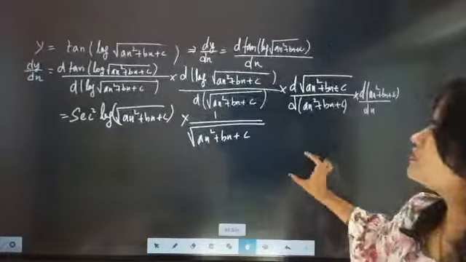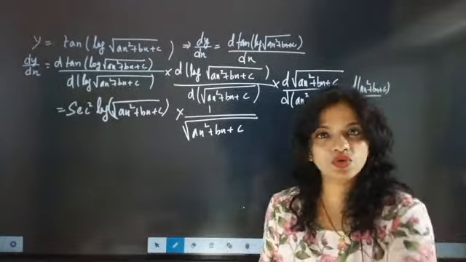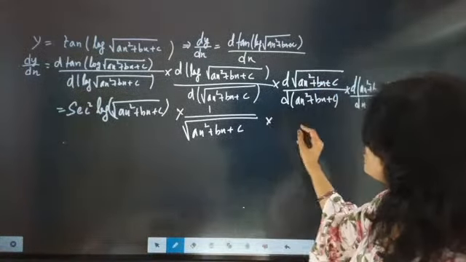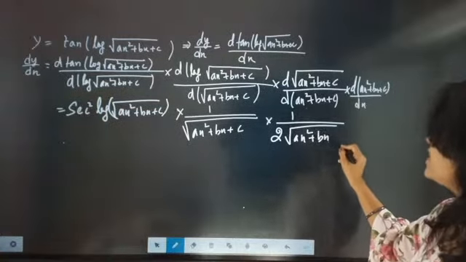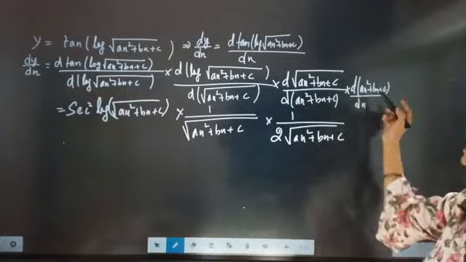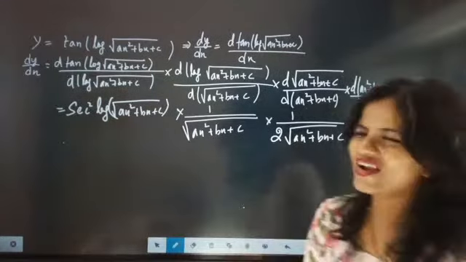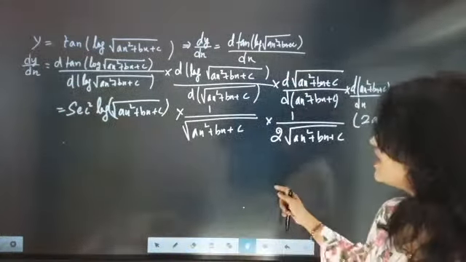Story over. So now here root under ax square, this I already told you, root under x with respect to x, then here this part is there, so it will become 1 by 2 root under ax square plus bx plus c. Now here ax square plus bx plus c gives 2ax plus b. Story over here. One line, another line, answer came. That's it. I rest my case.